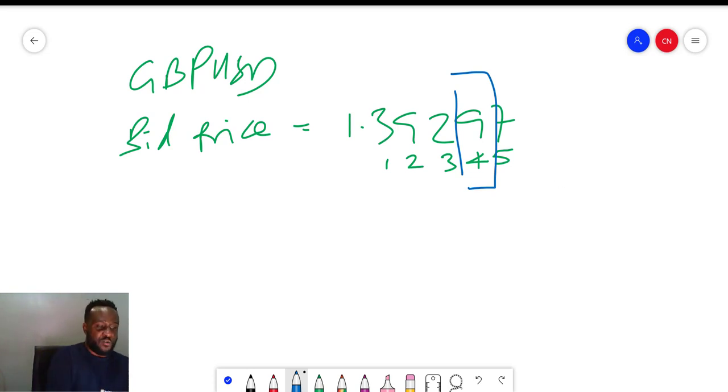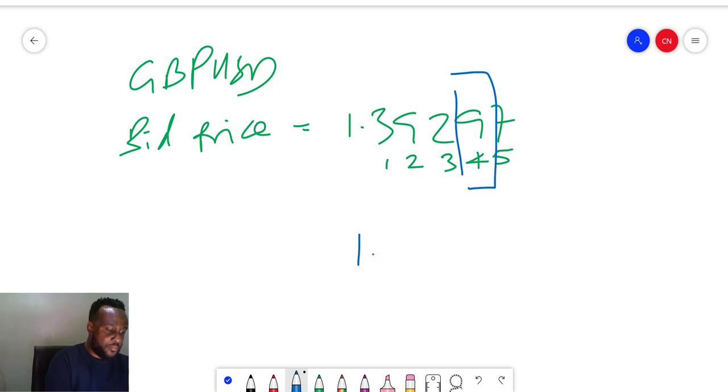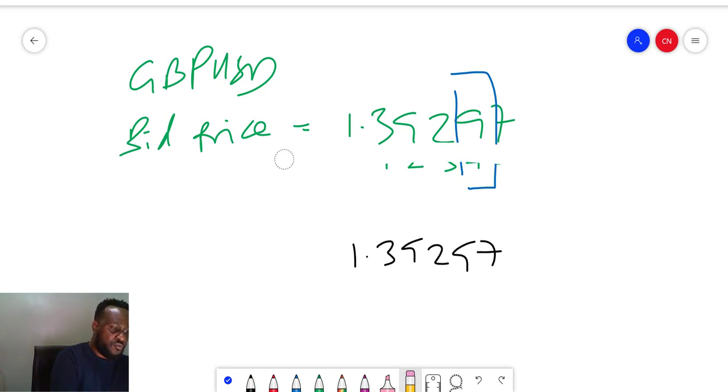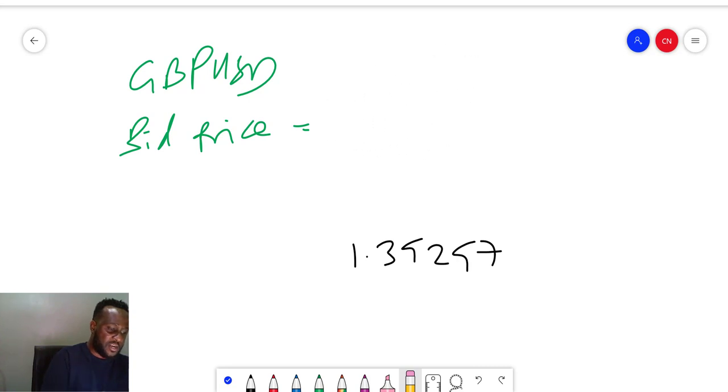So when you look at that, it will mean that for me to move 1 pip up from 1.39297, if I'm going to move 1 pip up, what's that going to be? It means that that's going to be 1.39307.